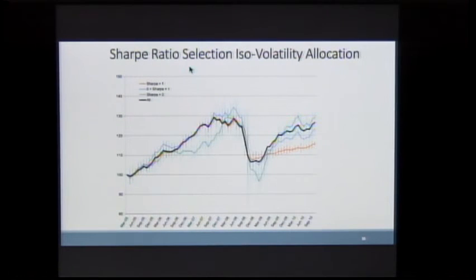I'm going fast on classifications of hedge funds. This is a very simple thing that I did, taking all the hedge funds and investing in 1 over the volatility of the fund at every time, and sorting out the funds with a negative Sharpe ratio, the green line, a Sharpe ratio between 0 and 1, the blue line, and a Sharpe ratio above 1, that is, you systematically invest in the very good managers.